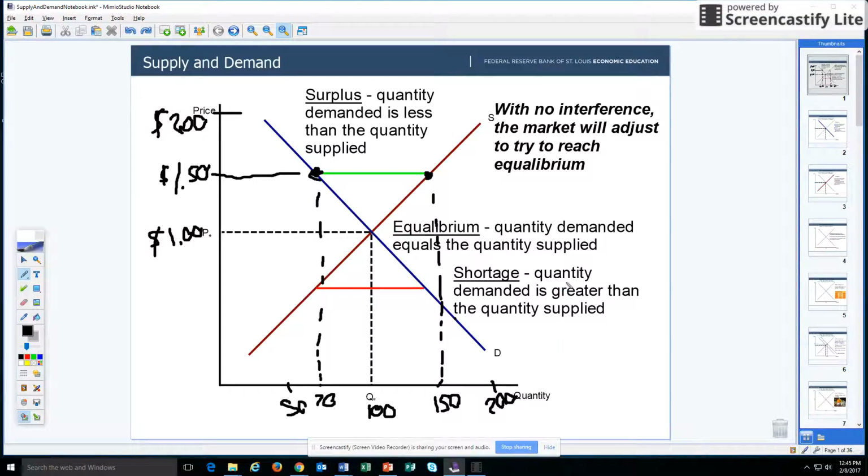Shortage. The quantity demanded is greater than the quantity supplied. That is this red line right here, and anything that's in here is all a shortage. So say right here, our price is approximately 70 cents.